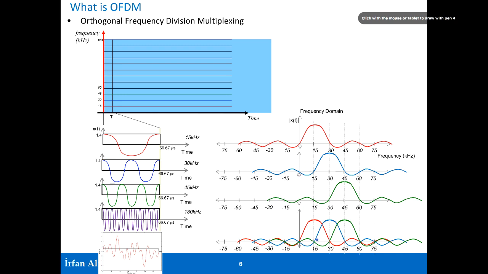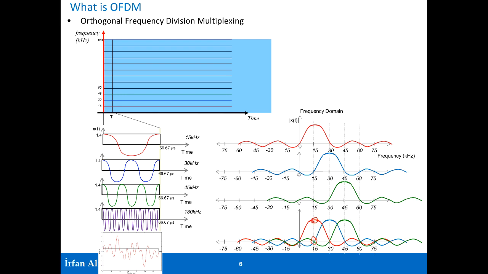Now, when you add these things up, and I'm just showing 3 of them and not all 12 of them because it would take too much space over here, the important thing to see is that when the 15 kilohertz signal is at the peak, all the other components that are being transmitted have a value 0 over here.